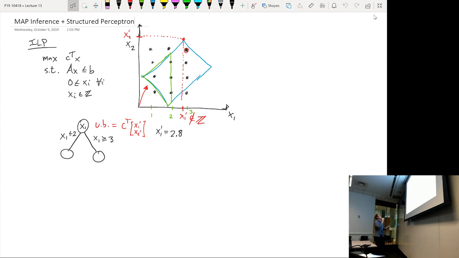So in this green LP, we capture everything that is x1 less than or equal to 2.